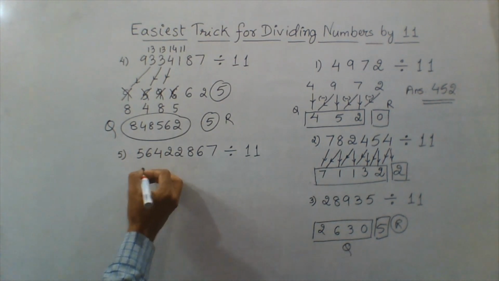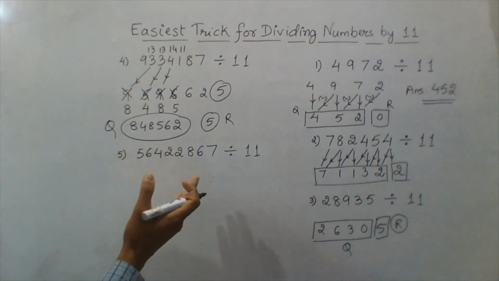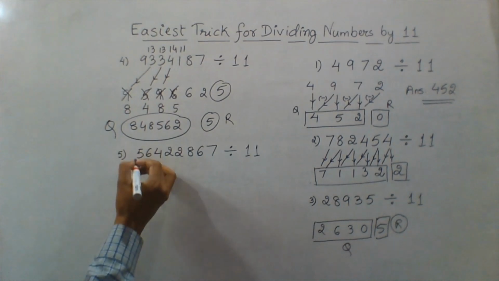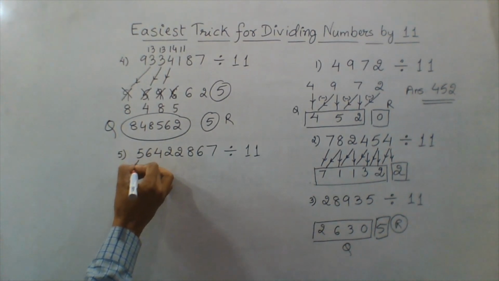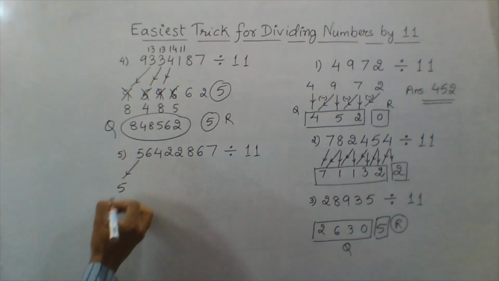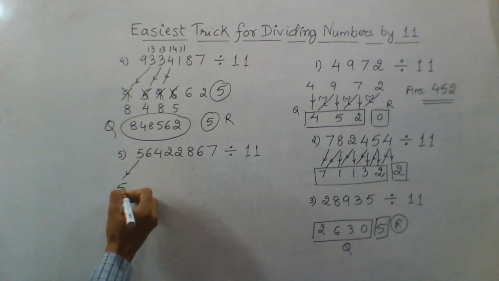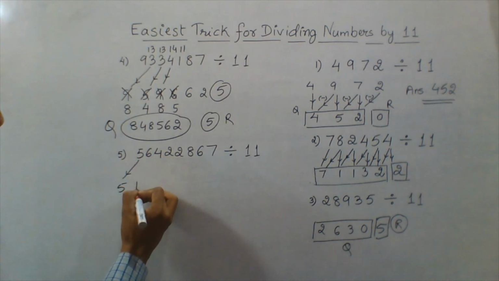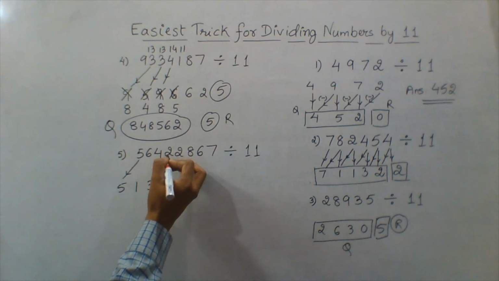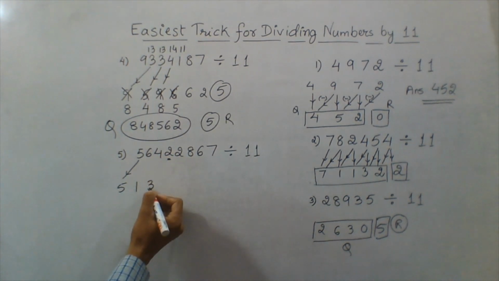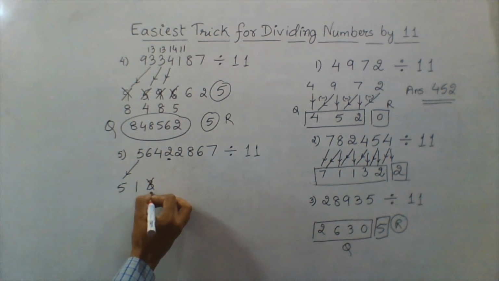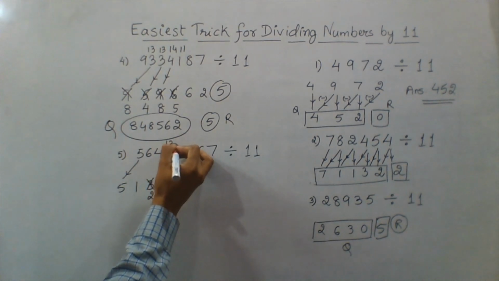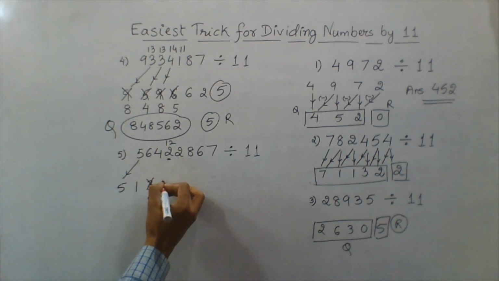See, this is an 8-digit number here, difficult to handle, but watch how we can do this easily. So 5 comes down as it is, now 6 minus 5 is 1, 4 minus 1 is 3. Now I have to subtract 2 and 3. This is negative, so this becomes 2 and this becomes 12. So 12 minus 2 is 10.